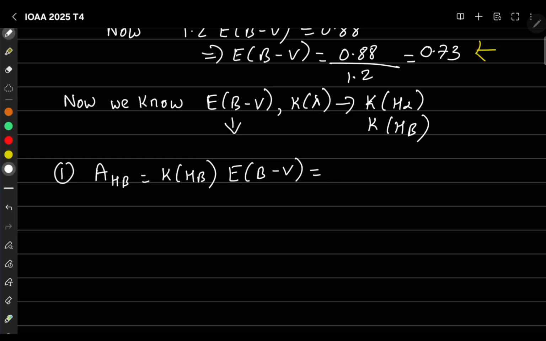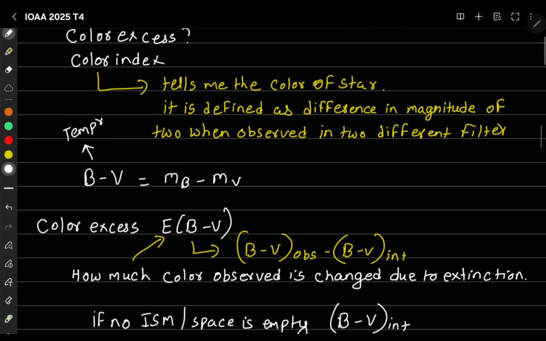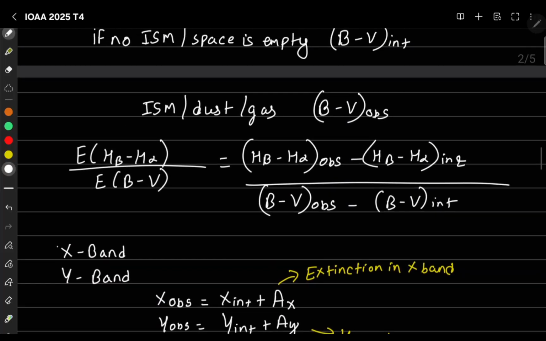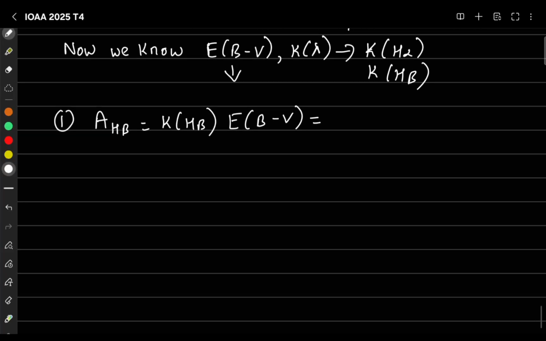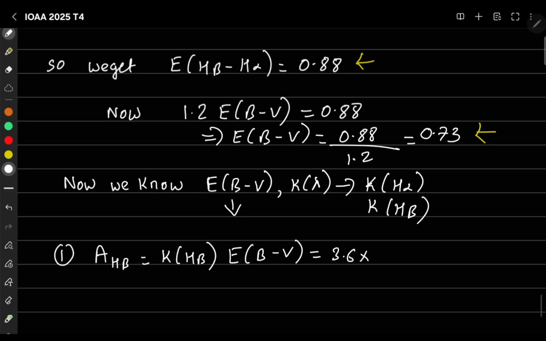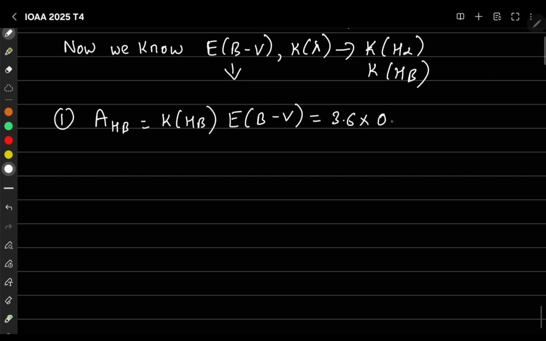K_Hβ is 3.6, multiplied by 0.73, and this turns out to be 2.69.